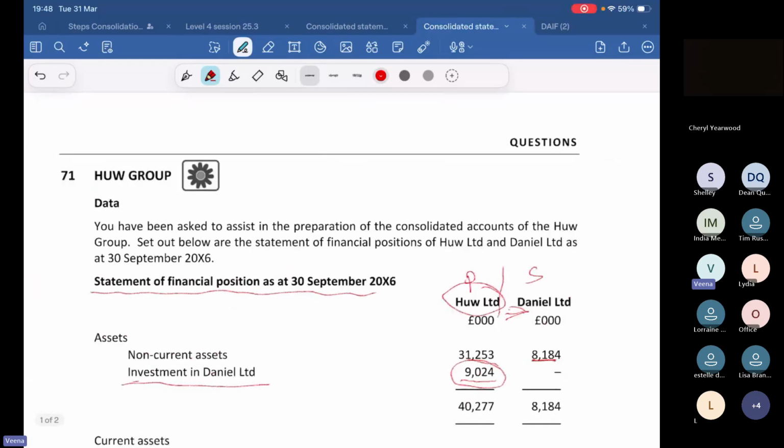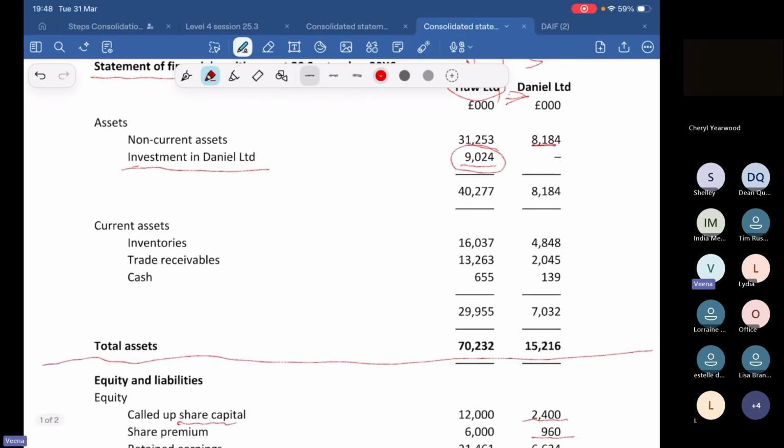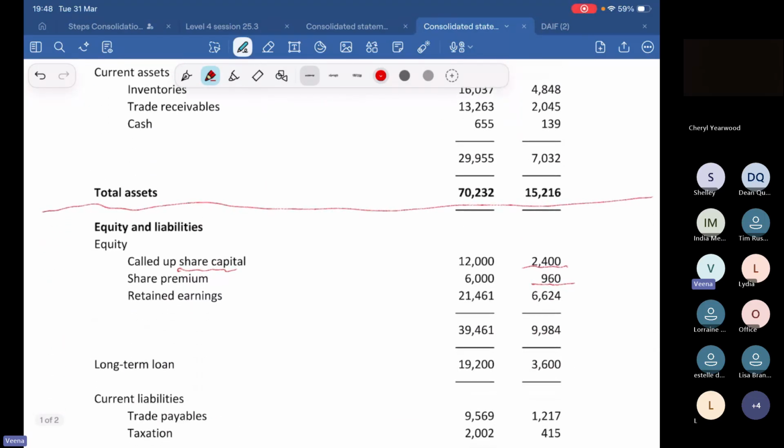If you see here, Hugh Limited has paid 9,024,000 against just 2,400,000. Against that, they have paid almost 9 million, so it means they have definitely paid something more. So I have to calculate goodwill now.